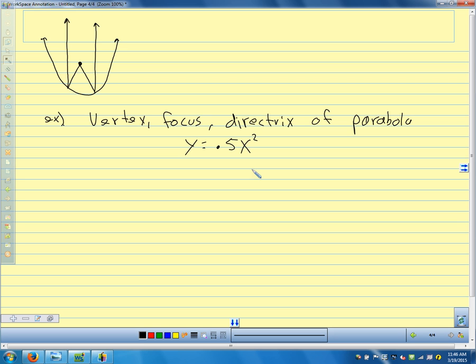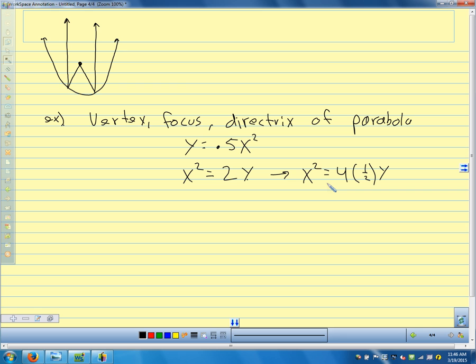We need to divide by 0.5. So we get x squared equals 2y. We don't always have to write it this way, but if we wrote it in standard form, this would be x squared equals 4 times 1/2 y. That would be standard form with the 4 factored out.